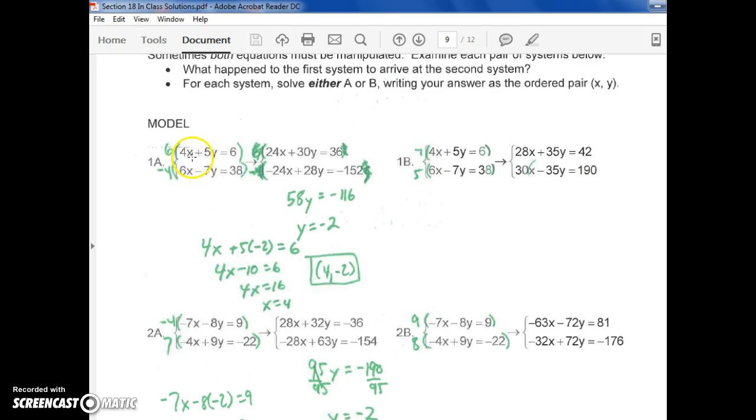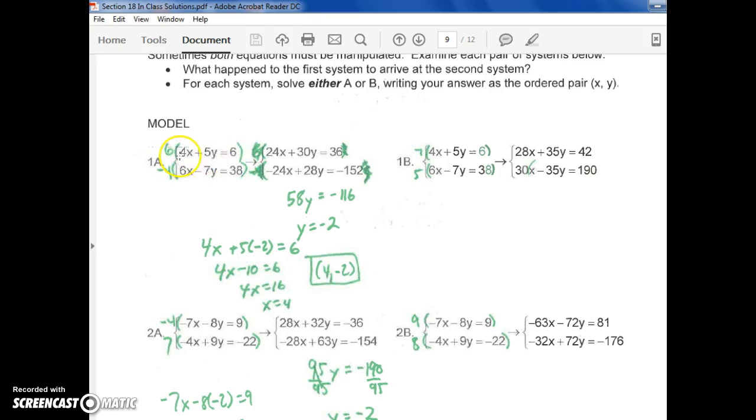Now, I have some choices here, and some choices are better than others. One is I could find a least common multiple between 4 and 6. That is an option. The other option is just go ahead and multiply the top equation by this number and multiply the bottom equation by this number, but make sure that one of those is negative.